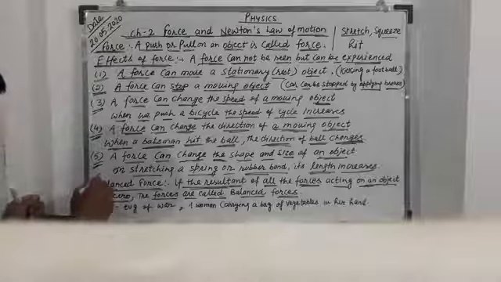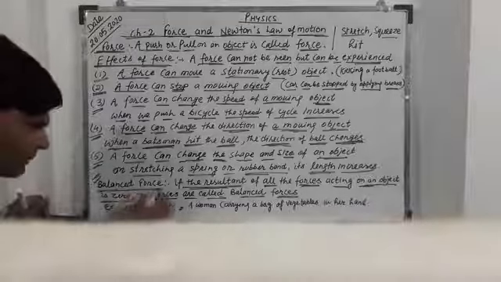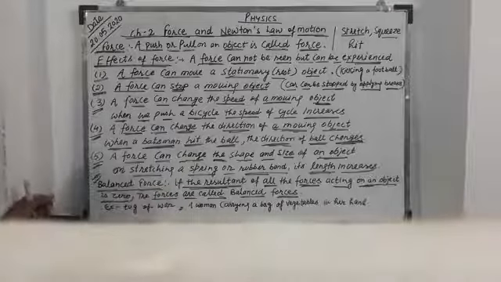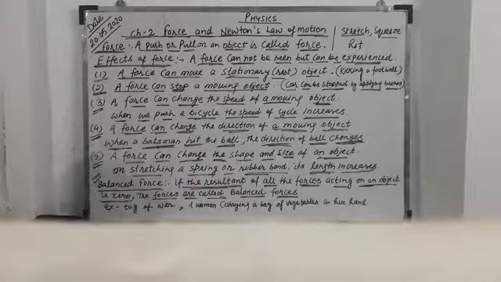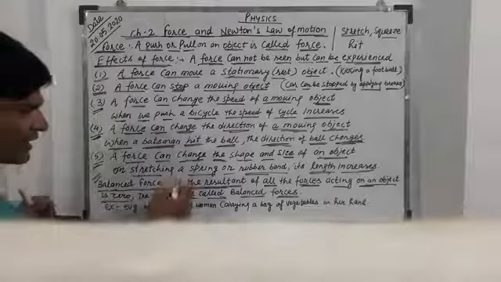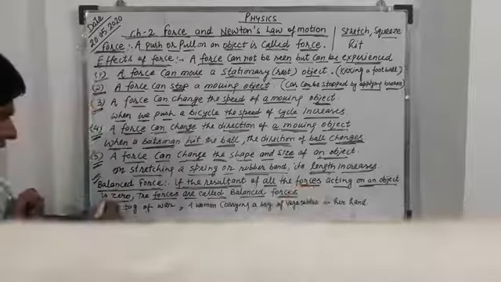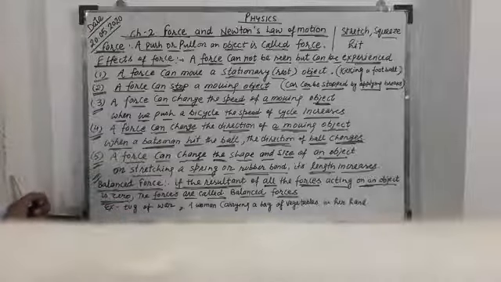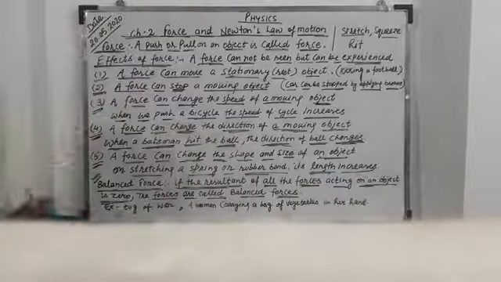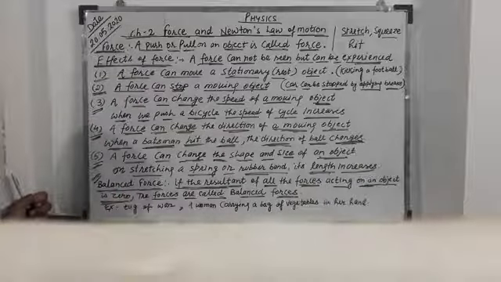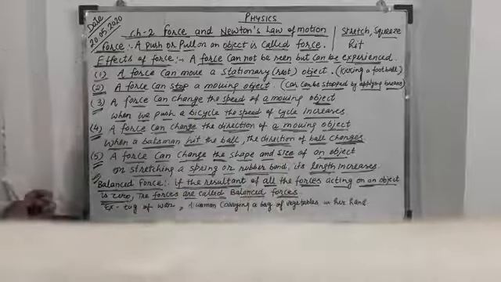Now come to balanced force. What is balanced force? When a large number of forces are acting on an object, if the resultant of all forces is 0, the forces are called balanced forces.